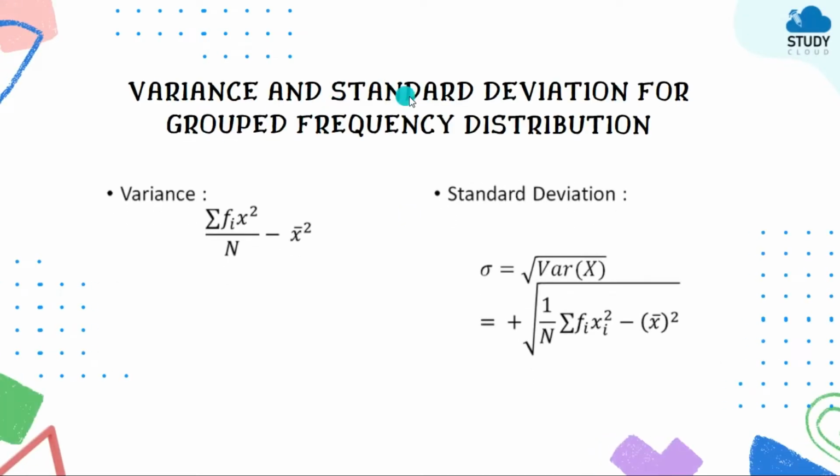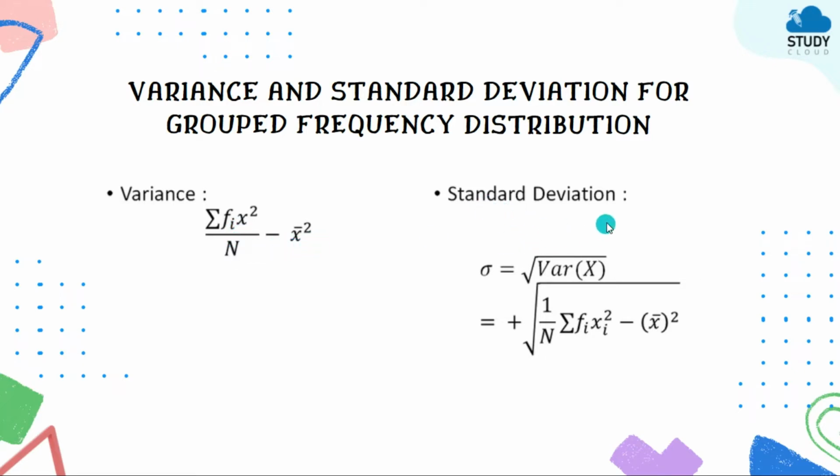Then next is variance and standard deviation for grouped frequency data. Means a question will be given to you in table form along with frequency. So here the formula for variance is summation f x square, where f means frequency, upon n minus x bar square.